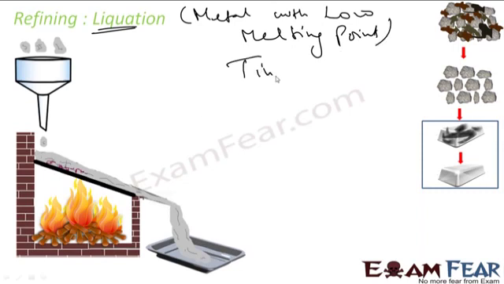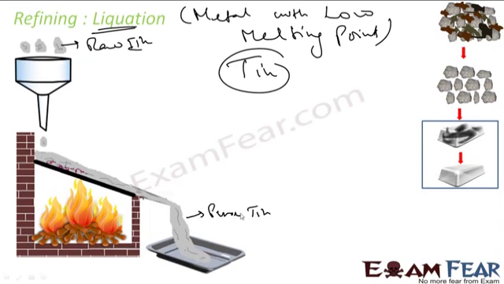For example, tin has a low melting point, so we can use this method to refine tin and get ultra pure tin. This is my raw tin, because by this time we have got tin, and I'm refining it now. This is pure tin.